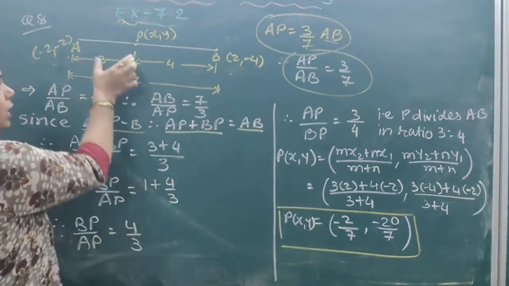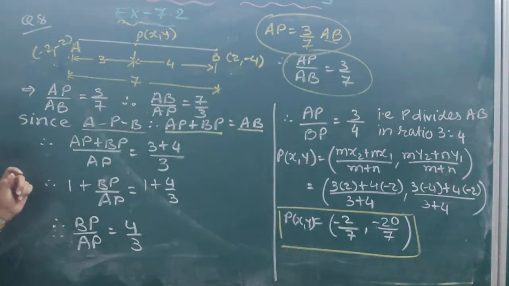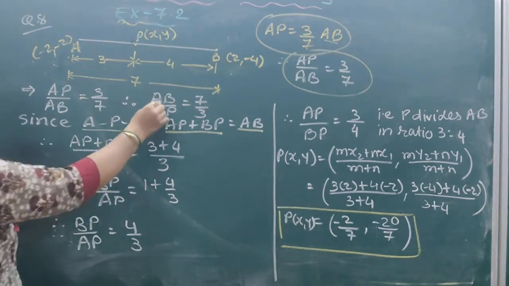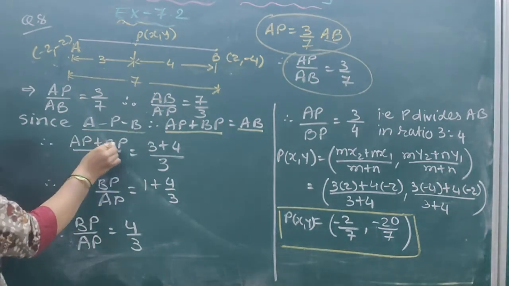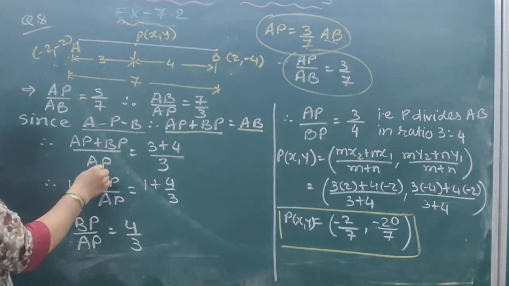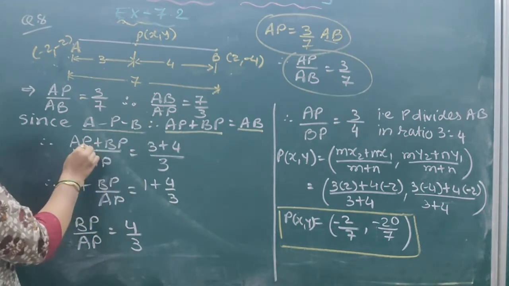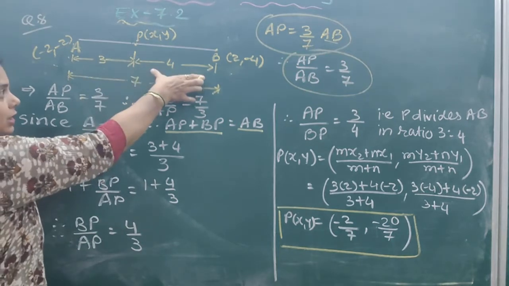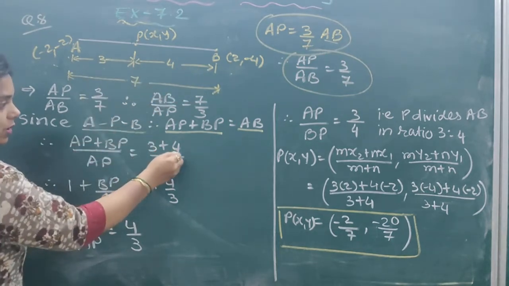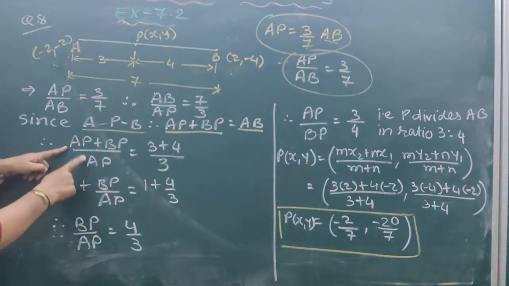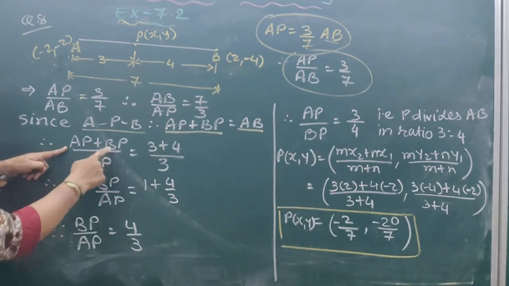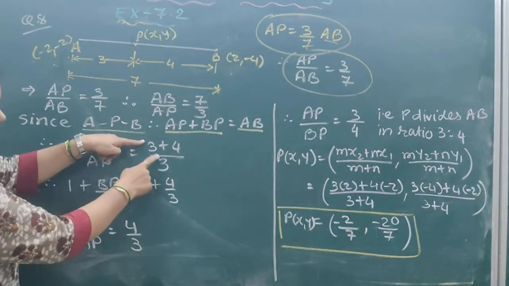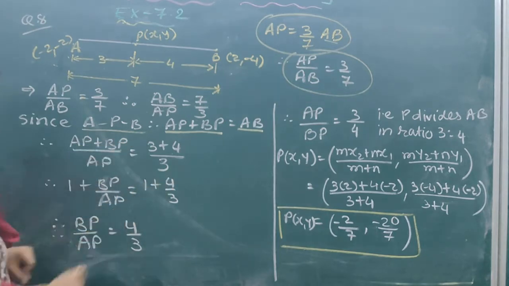can we write AB is equal to AP plus BP? Yes. Then instead of AB, I write here (AP + BP)/AP as it is. As we already know that this portion is 3 of 7, the rest is 4. So (3 + 4)/3. AP by AP is 1 plus BP by AP, here 3 by 3 is 1, plus 4 by 3.